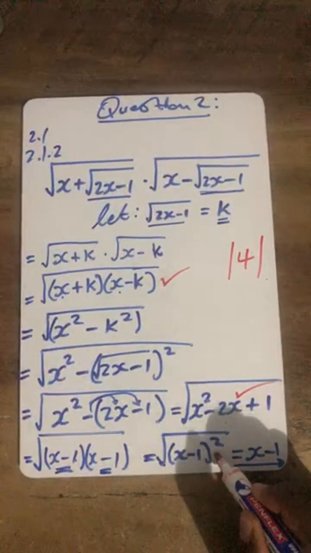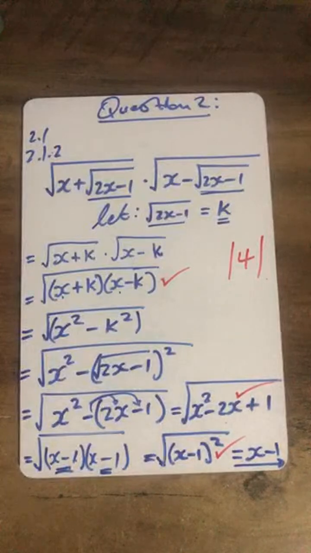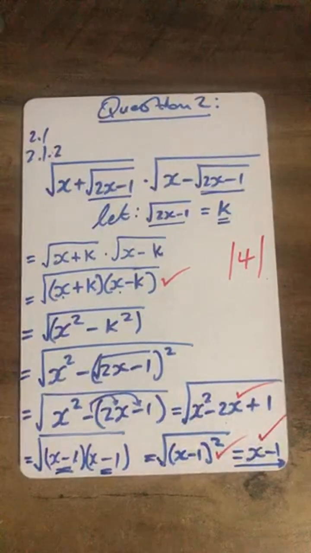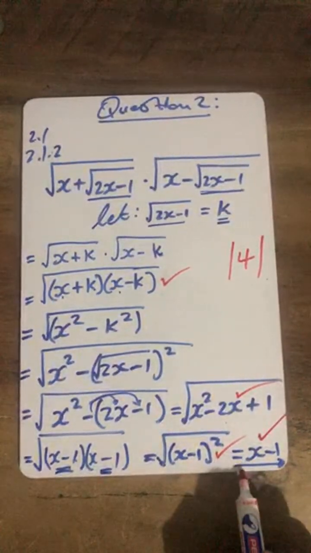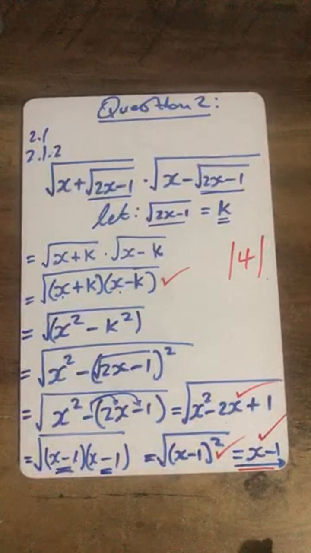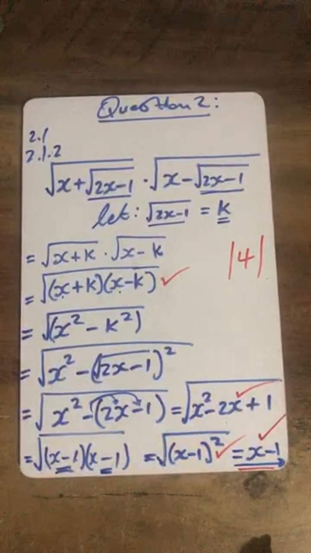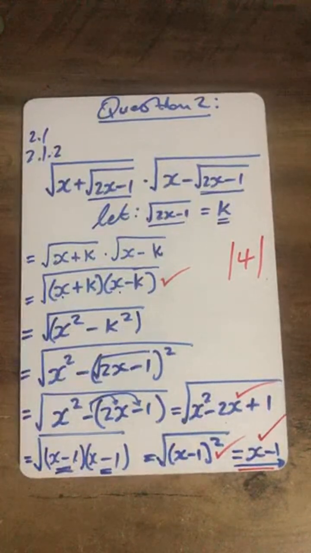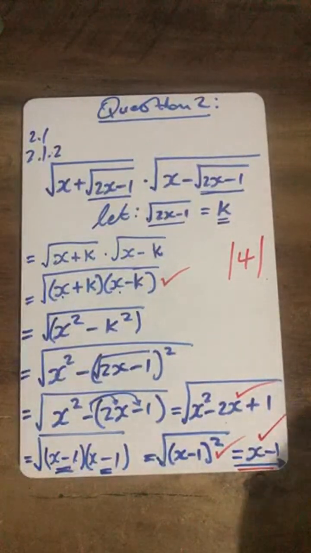And with you doing that, you do deserve a mark. And then lastly, the final answer. Otherwise, if you got that final answer and you've worked it out differently, you allocate yourself full marks, because there are other ways in which you can work it out.